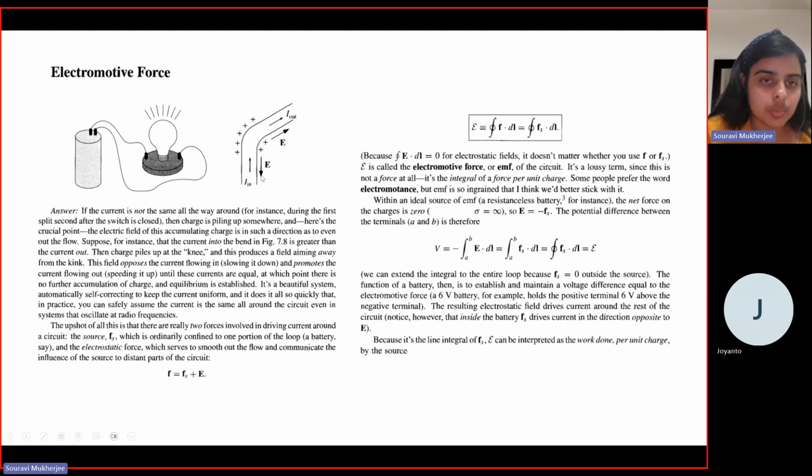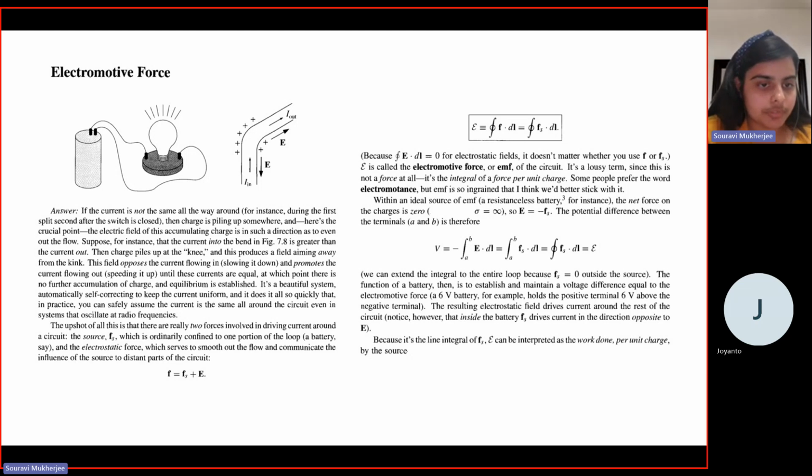So this electric field will result in movement of charges in a direction opposite to the initial current. This field opposes the current flowing in and promotes the current flowing out. So in a way, this balances and creates the equilibrium. This is a self-correcting system in which the current gets equilibrated in a circuit.